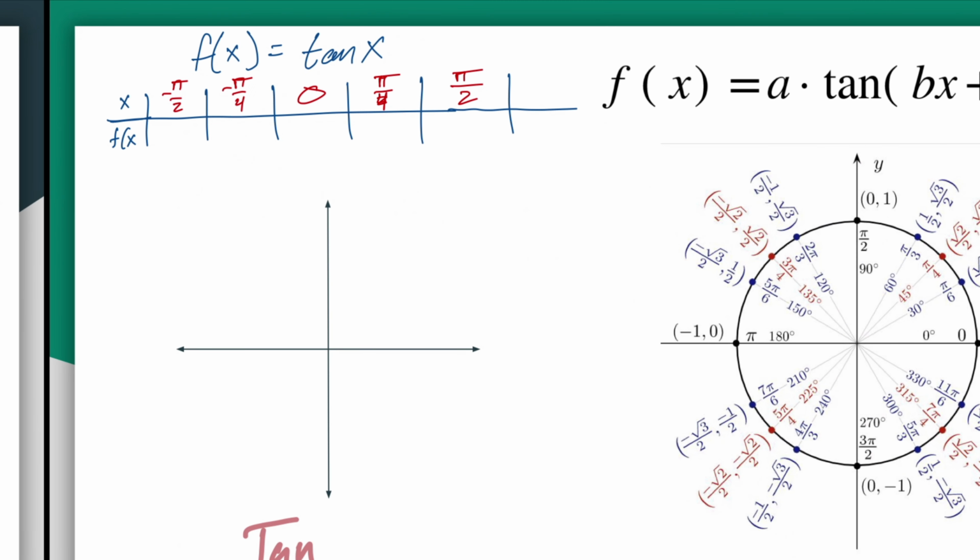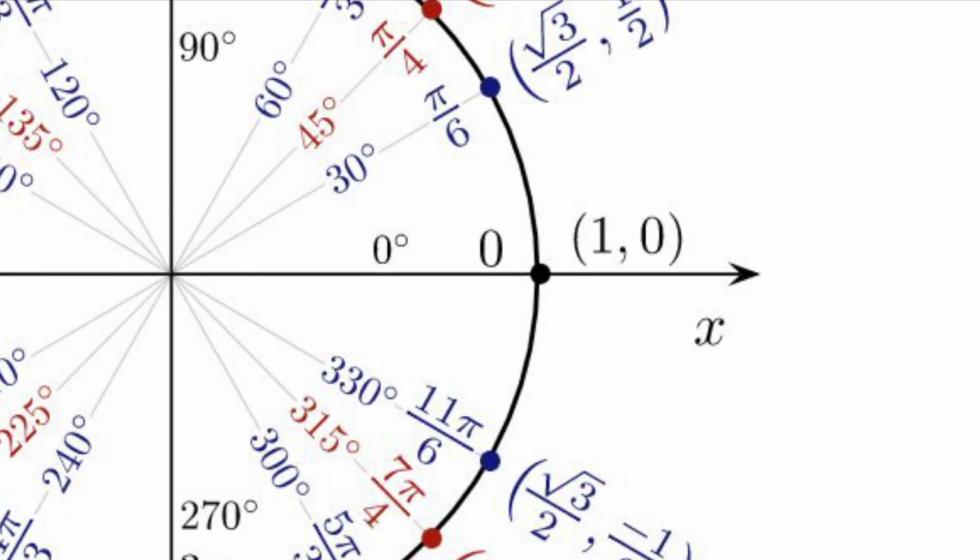Let's start with our middle value, 0. Let's plug that into the tangent function and see what we get. This is 0 radians because we're in radians here, so we're at 0 radians on our unit circle. And if you remember, tangent is equal to the sine divided by the cosine. Sine is your y value, so that's 0.